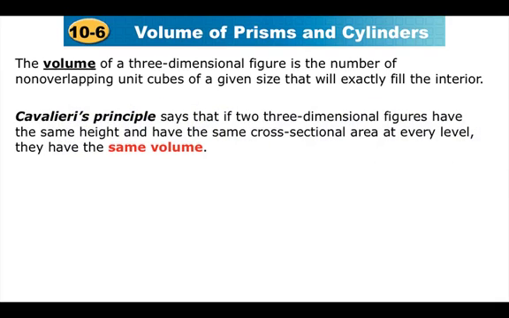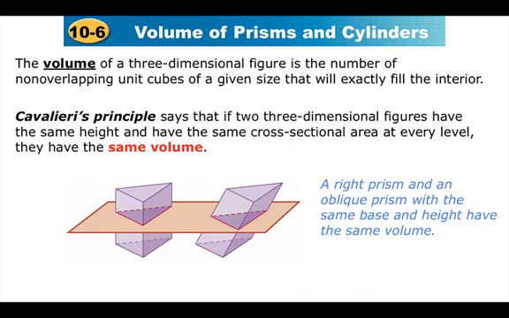I want you to read this and look at this picture. Follow along. It says Cavalieri's principle says that if two three-dimensional figures have the same height and the same cross-sectional area, and this is the cross-sectional area, this and this are the same at every level, then they have the same volume.